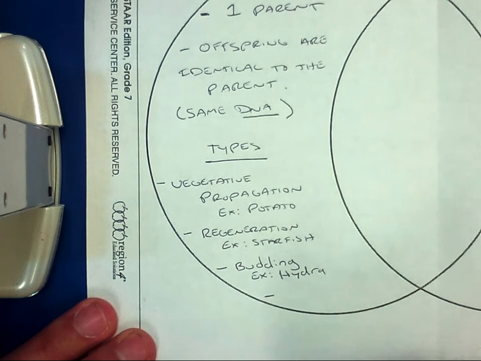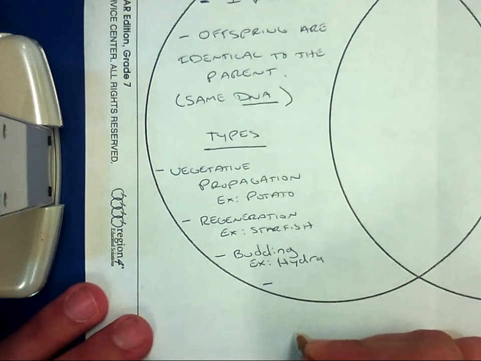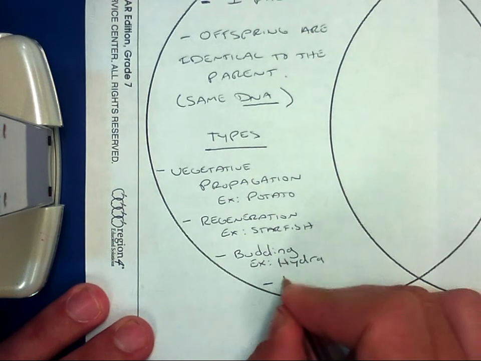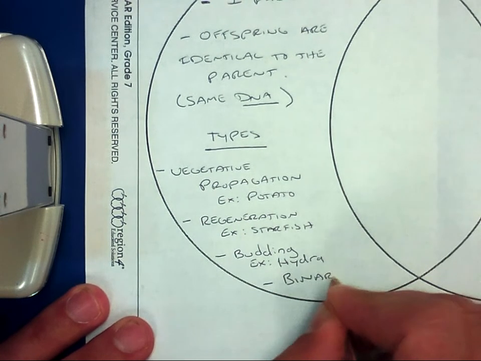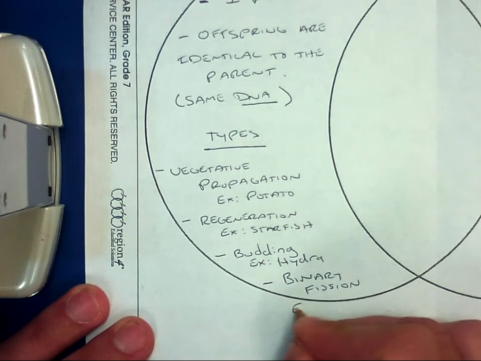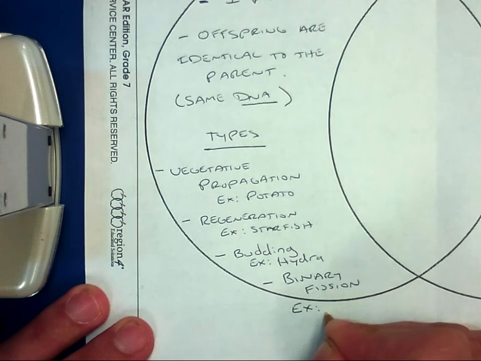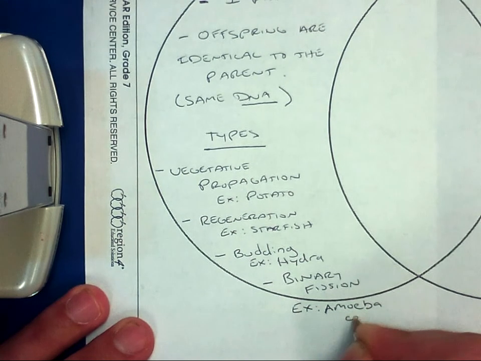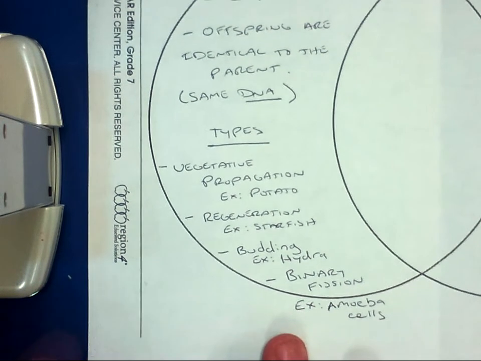And then the last form is what? Say it louder. Binary fission. And what was our example of that? Right where you drew your pictures? Amoeba. Amoeba cells do binary fission.